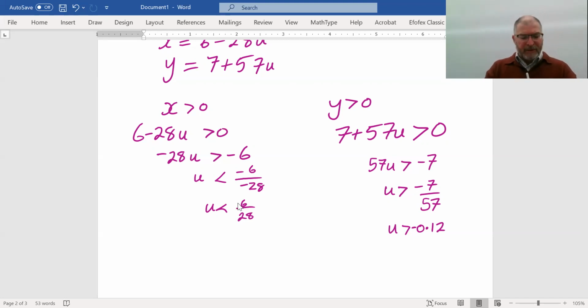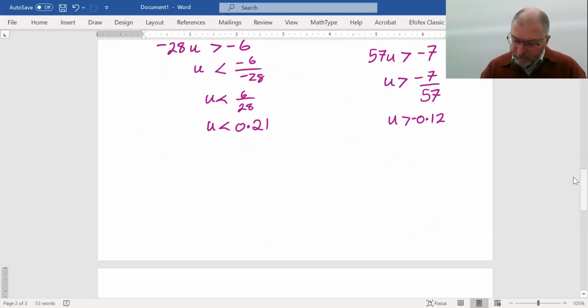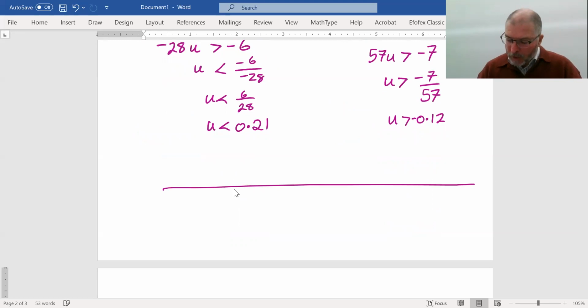What does 6 on 28 look like? That's 0.214. I'll just write U is less than 0.21. So I'm going to draw up a number line. There's 0, there's 1, and there's -1.